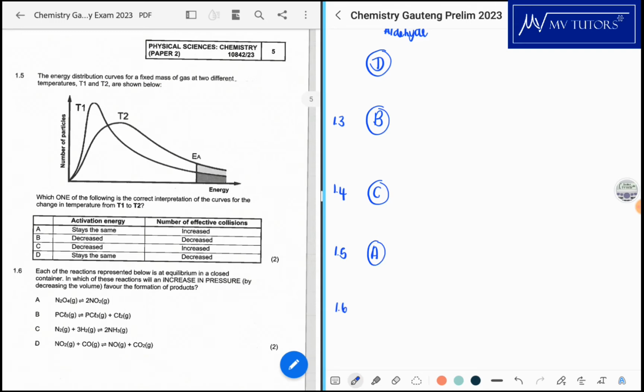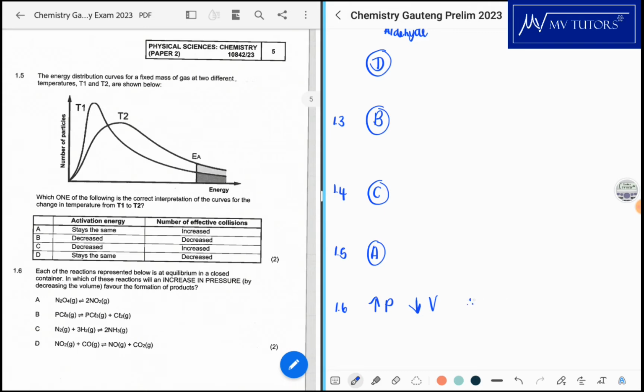Then 1.6, each of the reactions represented below is at equilibrium in a closed container. In which of these reactions will an increase in pressure, therefore a decrease in volume, favor the formation of products? All right, if we're looking at an increase in pressure, your volume will decrease.